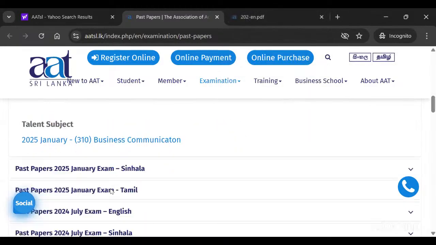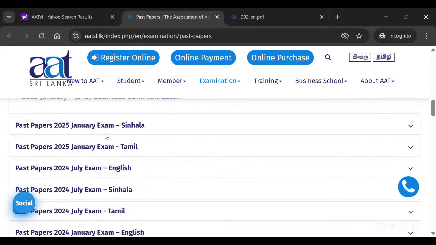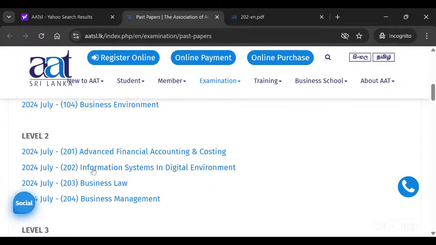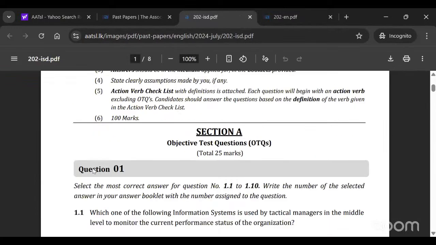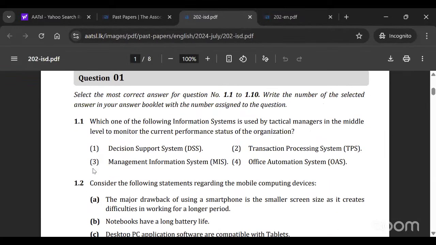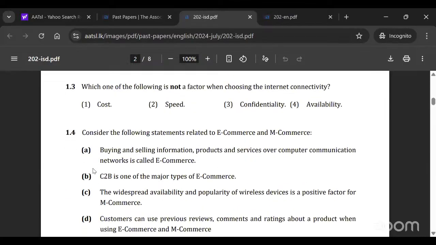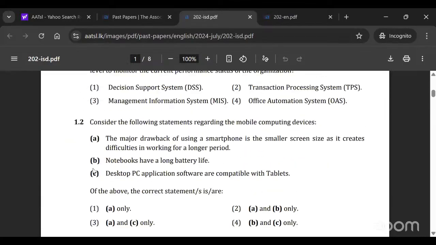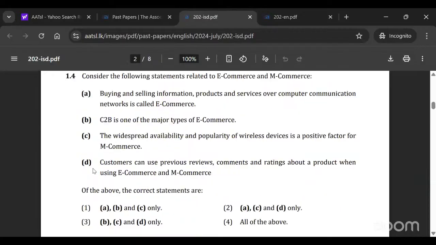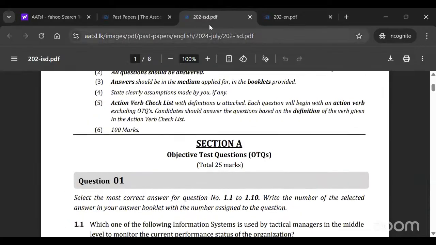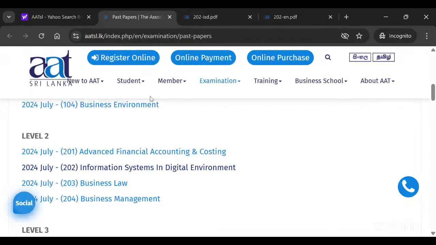And anyhow, we'll open another. This is 24 July. The structure is the same, right? Section B we will discuss, okay.